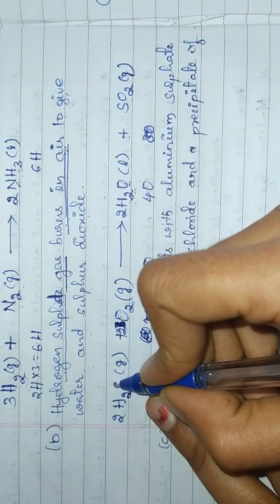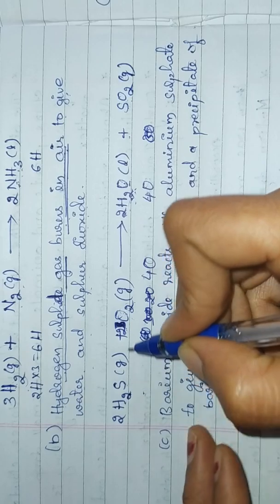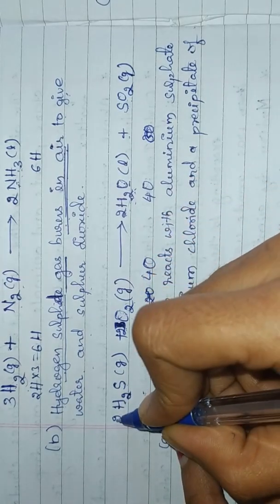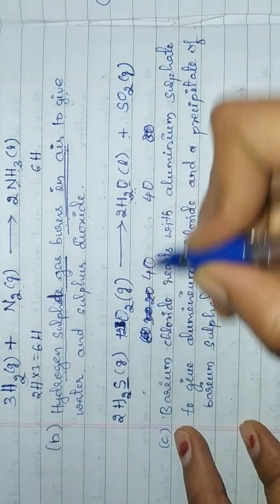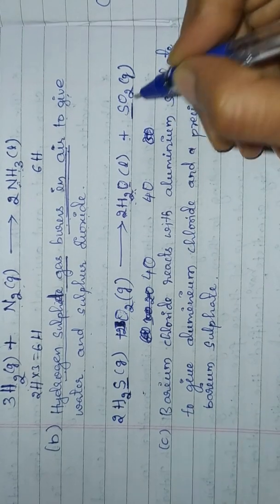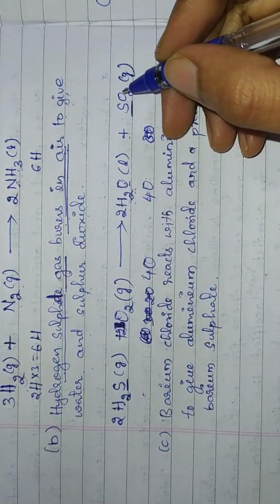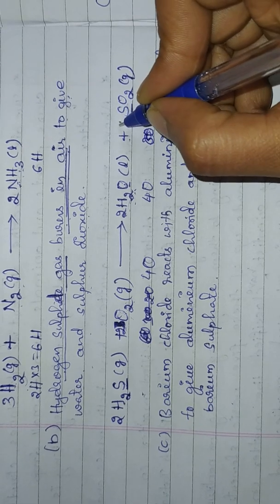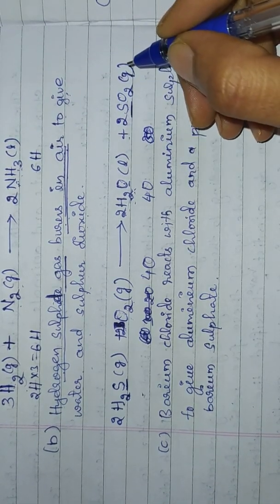Now the number of sulfur atoms are imbalanced. In reactant side 2 sulfur atoms, but in product side only 1 sulfur atom. So here we have to multiply by 2.